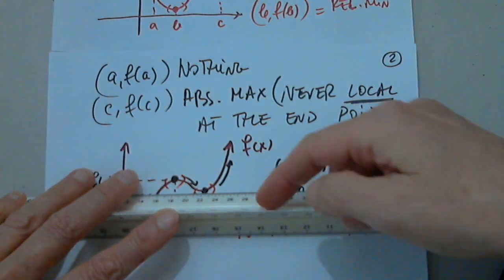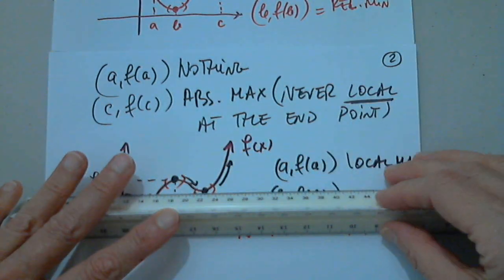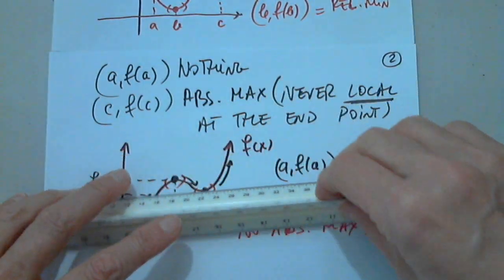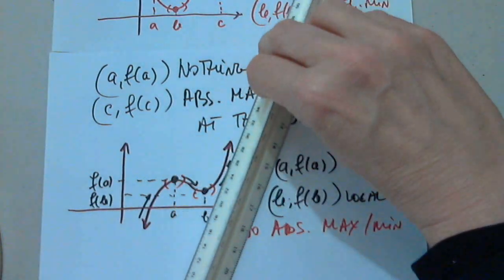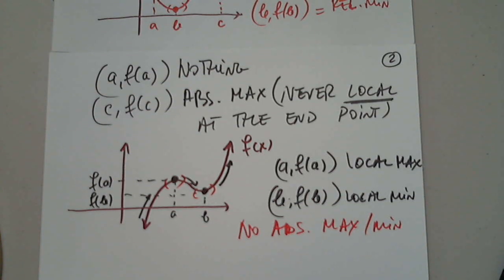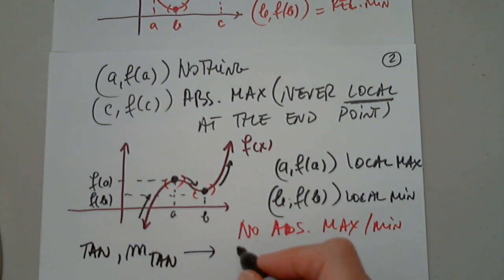The tangent here has what slope? 0. Yes. And the tangent here has what slope? Positive. Yes. So notice when we talk about the tangent, and I ask you about the slope of the tangent, you're really giving me f prime of x. That's what you're giving me, and we know that.